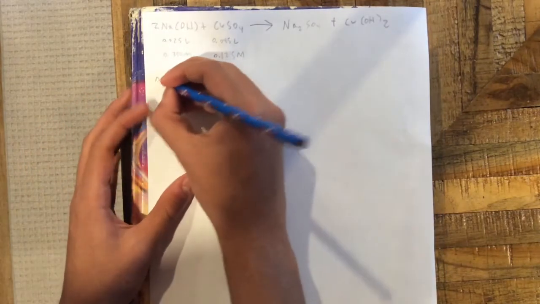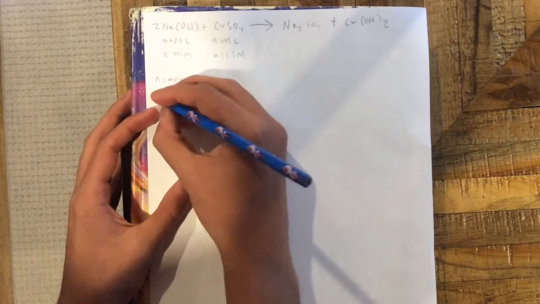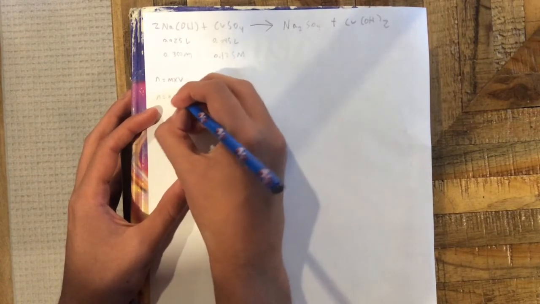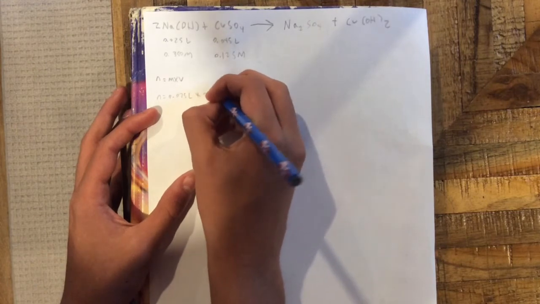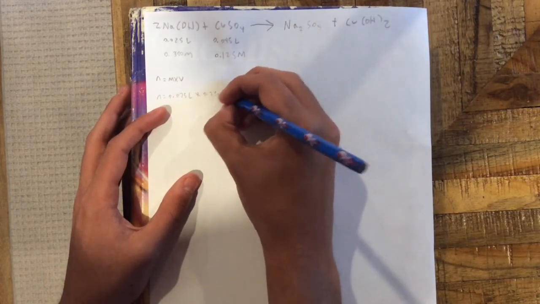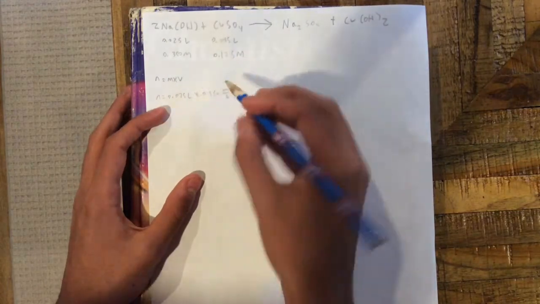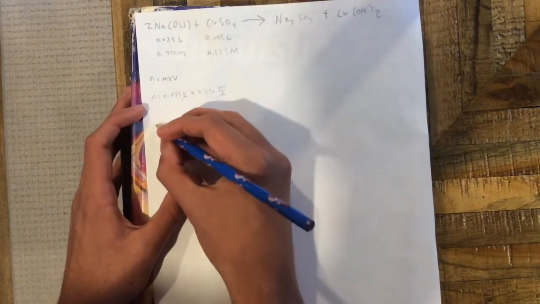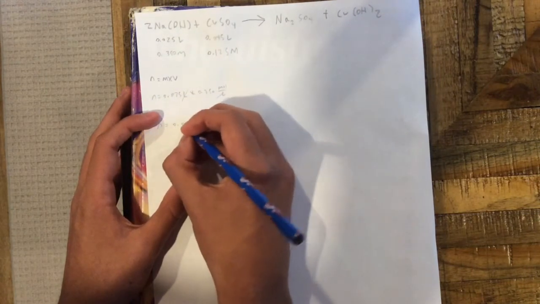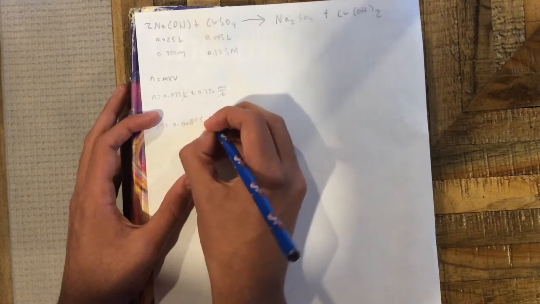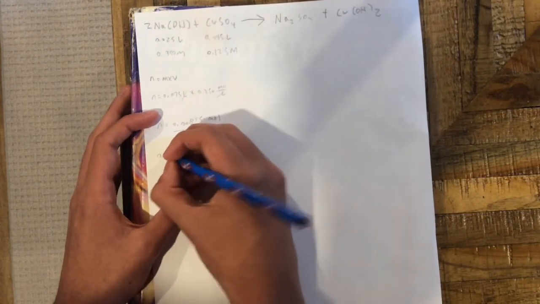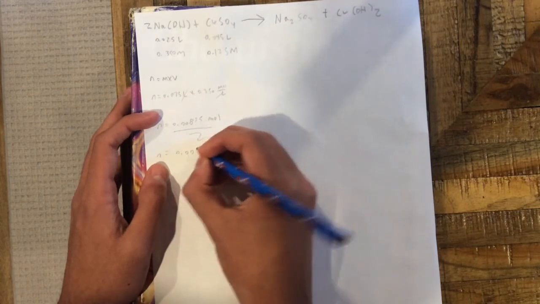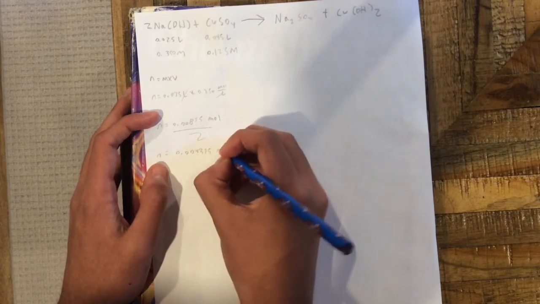So this equation is n equals M times V, so n is equal to 0.025 liters multiplied by 0.350 mole per liter. So as you can see here, the liters cancel out, so you get n is equal to 0.00875 mole. But there's a coefficient up here, so we have to divide it by 2, and we get n is equal to 0.004375 mole.